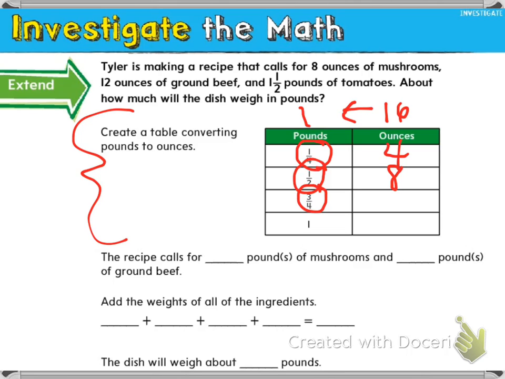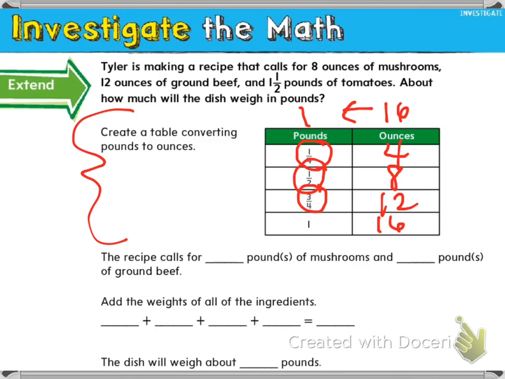Well, 1/4 of 16 is 4, and 4 times 3 is 12. So 12 ounces is 3/4 of 16. And then 1 pound equals how many ounces? 16, right there. Okay, so here is our table converting pounds to ounces.